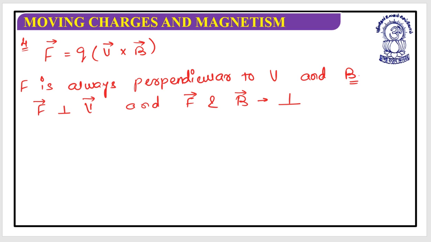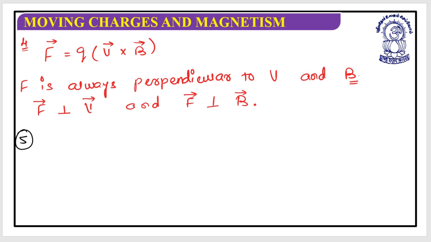F is perpendicular to V as well as perpendicular to B. This is true every time, each time. You must understand this. So what else can we derive from this? F is always perpendicular to V and F is always perpendicular to B.